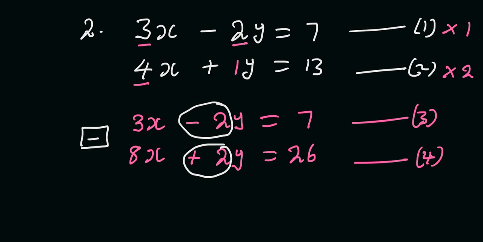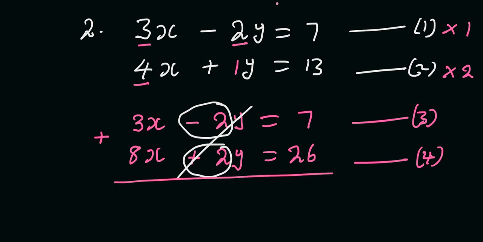So negative is not valid at this point. So let's change it to positive. Let's say plus sign here. Minus 2y plus 2y. That's going to give us 0. So at this point, we can just strike them out or eliminate them. So now you can draw a bar here.